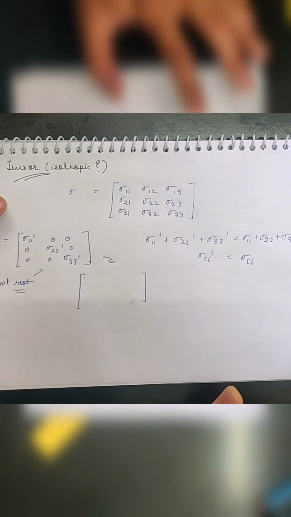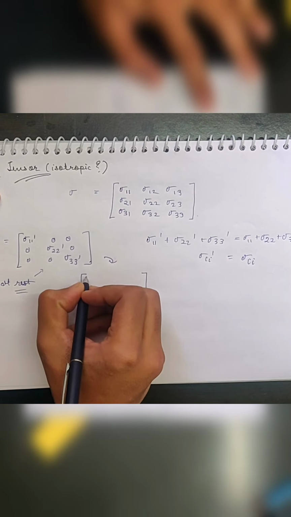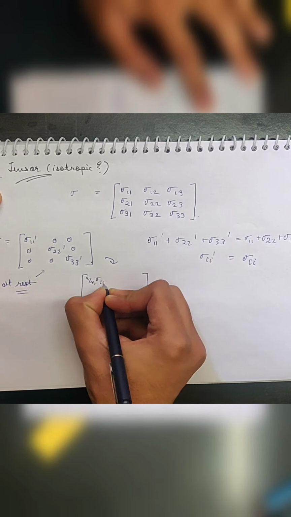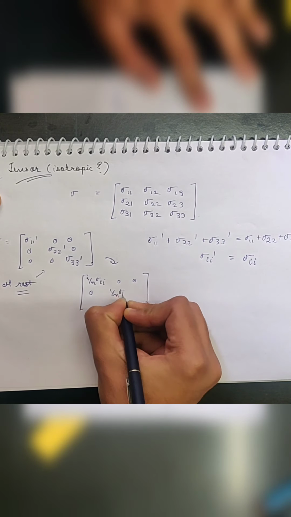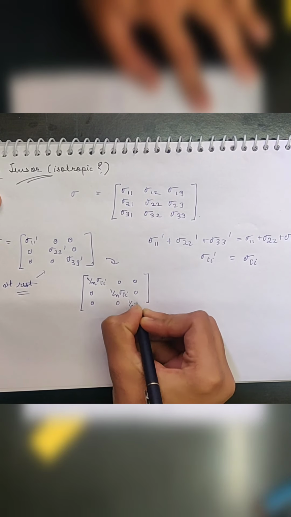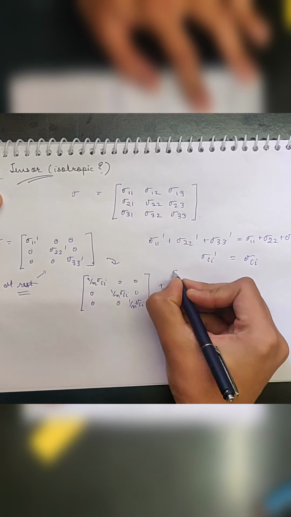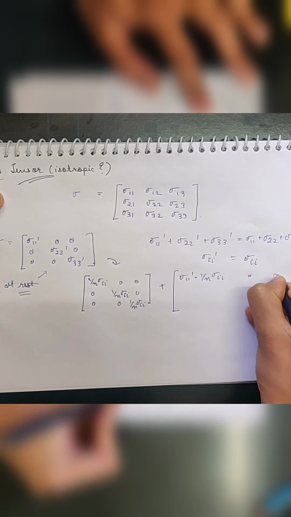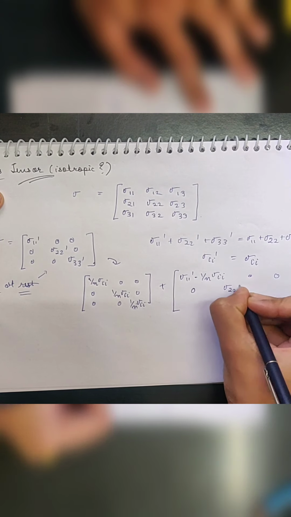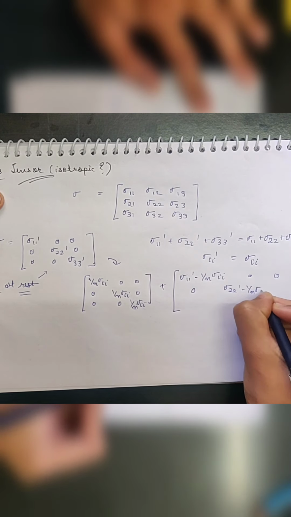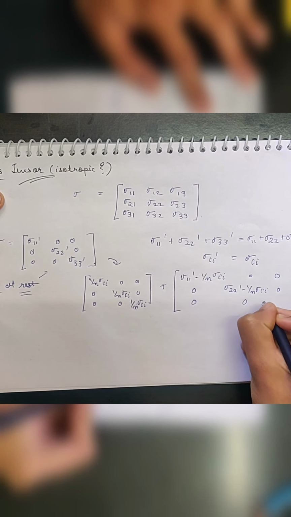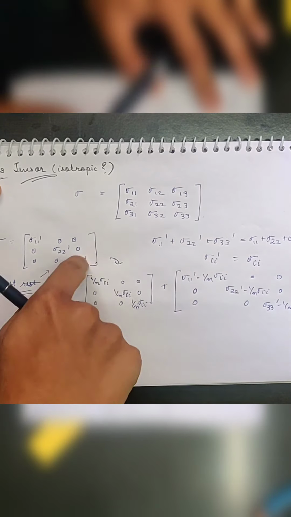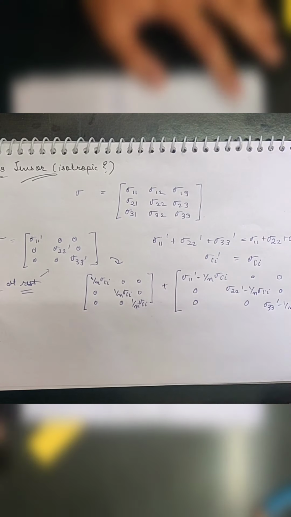We can write it as 1 by n sigma ii on the diagonal, 0 elsewhere, plus a second matrix with diagonal entries sigma 11 dash minus 1 upon n sigma ii, sigma 22 dash minus 1 upon n sigma ii, and so on. By simple matrix algebra we can say that these two will give this. Here 1 by n is an arbitrary way of writing.